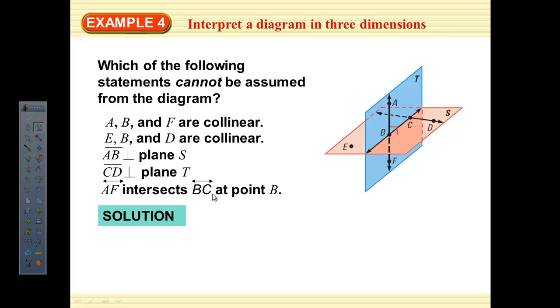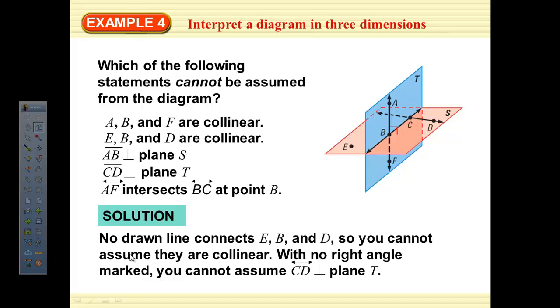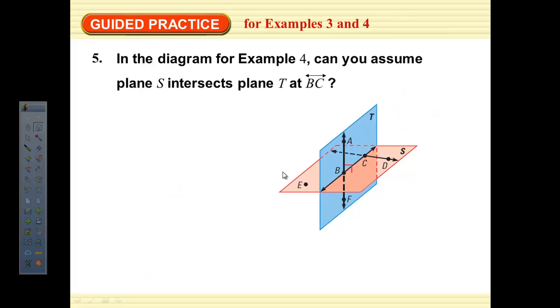And AF intersects BC at point B. Well, we've got AF here, we've got BC here, and we can see the intersection clearly, so we know that can be assumed to be true. Again, no drawn line connects E, B, and D, so we can't assume that. And if we have no right angle, then we can't assume that those are perpendicular. But everything else is okay.